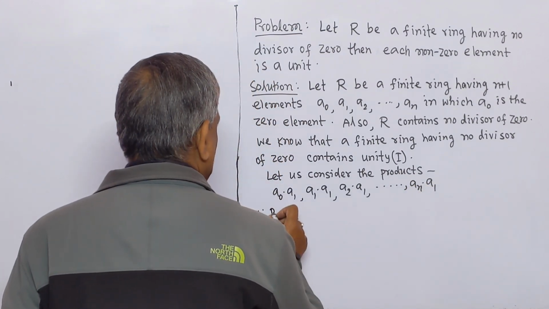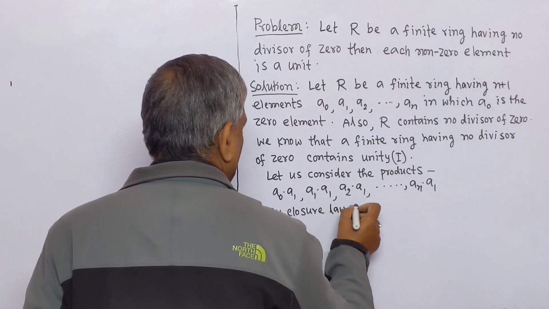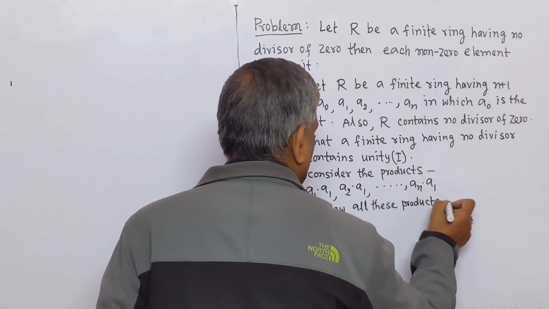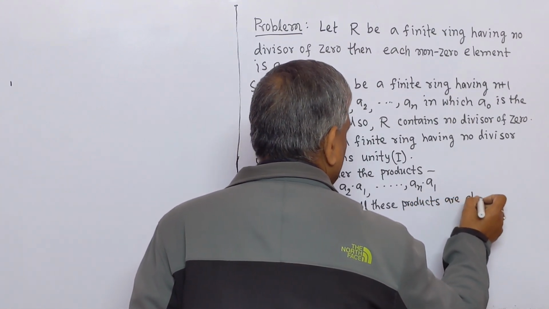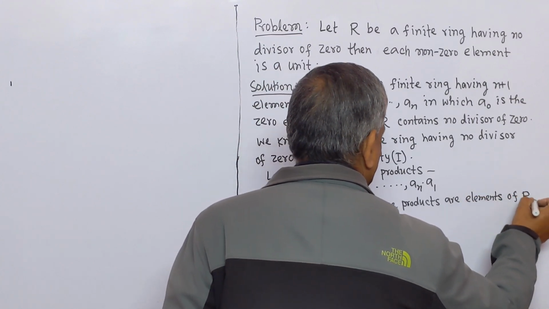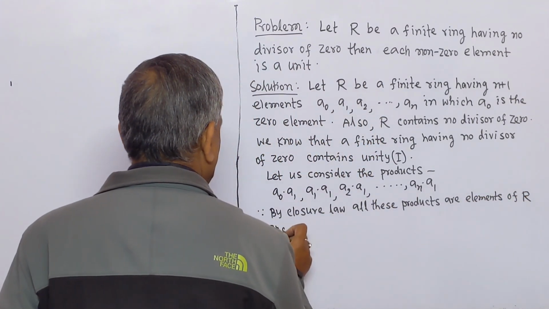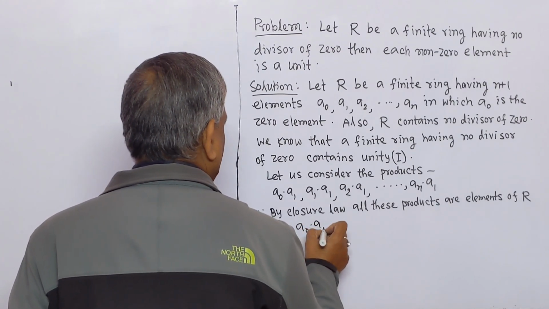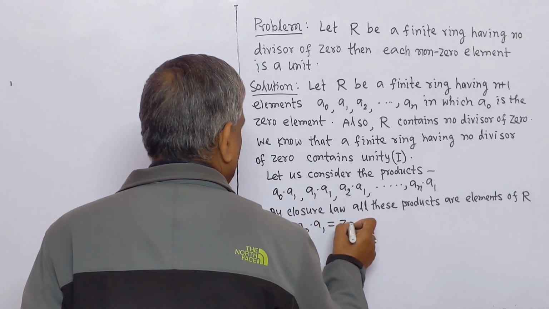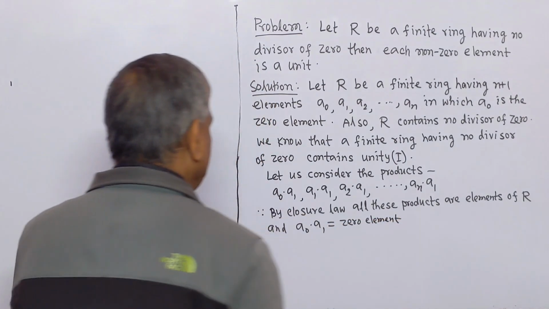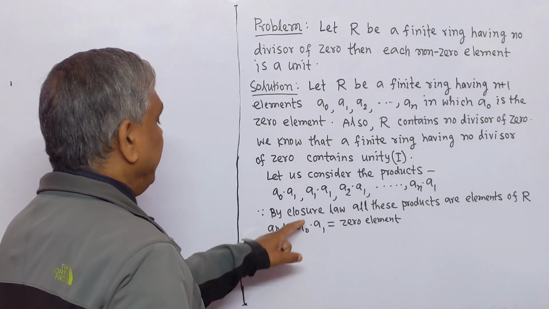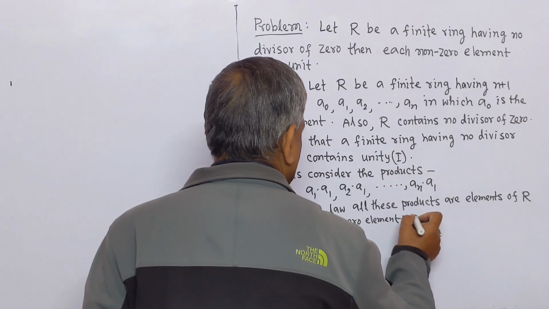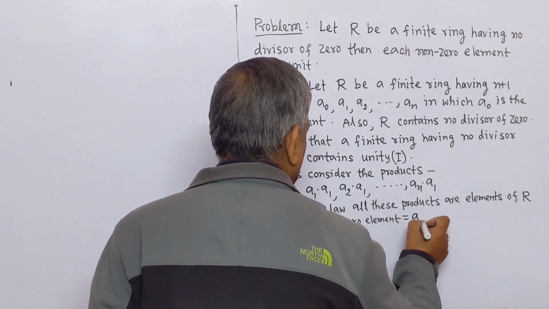Since by closure law all these products are elements of ring R, and a0 multiply a1 is the zero element, since the zero element multiplied by an element is the zero element. We may write this as a0 or 0.